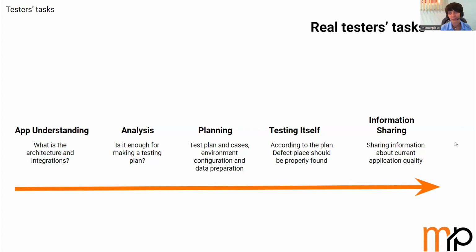You are just thinking. I think about 70% of true tester work is thinking how to do things, and only 30% is testing itself. So you are planning the test cases, the environment configuration, the data preparation, how to combine all that together. What are the priorities of all those things?